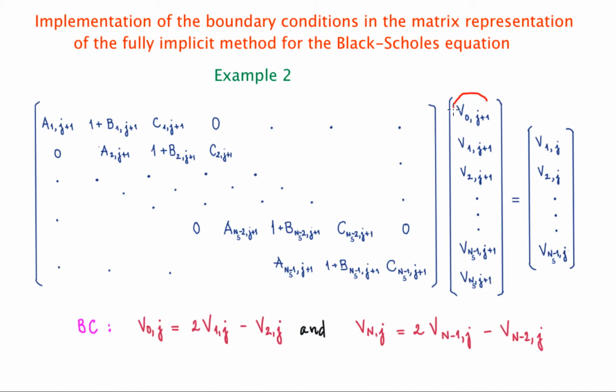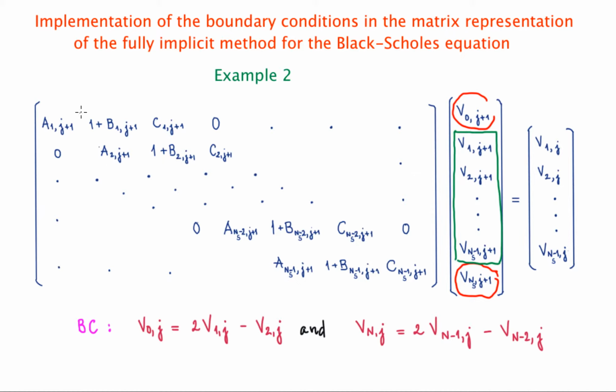these two components here in this vector, they are not independent from the others. So if we know the others, we can use those expressions to derive these ones. So we can consider them to be known functions of the others. So the basic ingredients that we need to know in order to have all the information on the option at any point in the S variable are these ones.